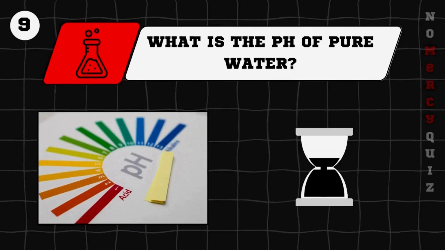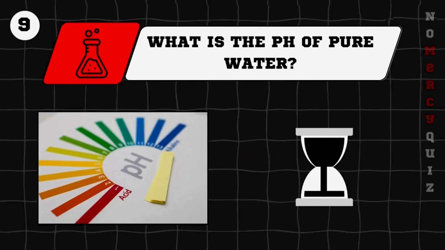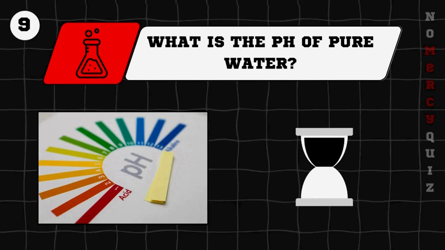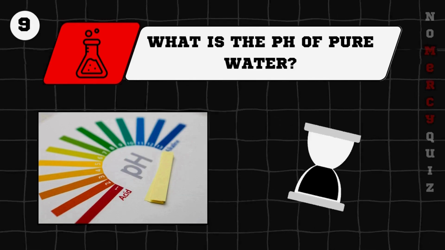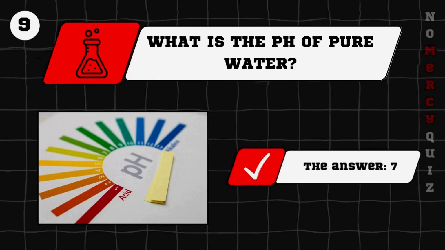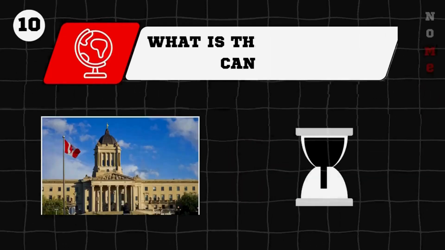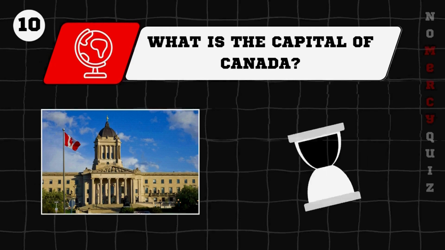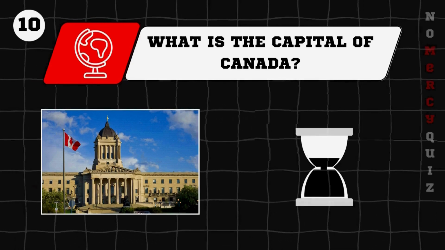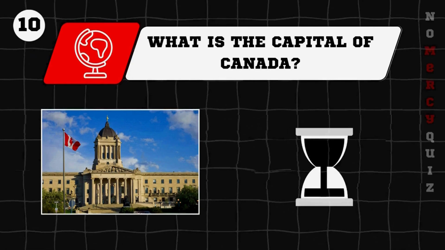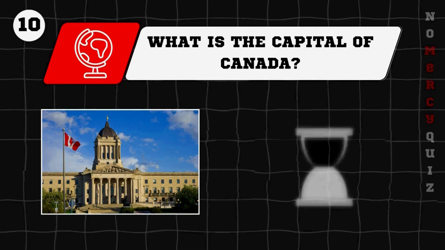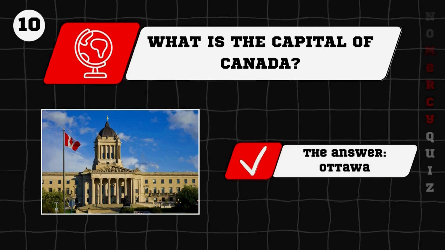What is the pH of pure water? Seven. What is the capital of Canada? It's Ottawa.